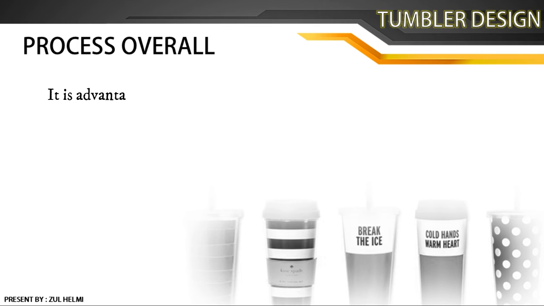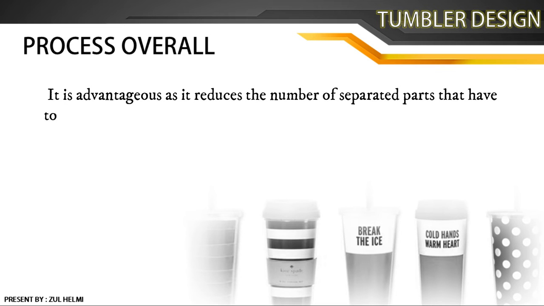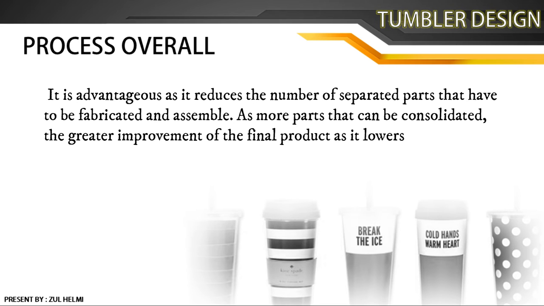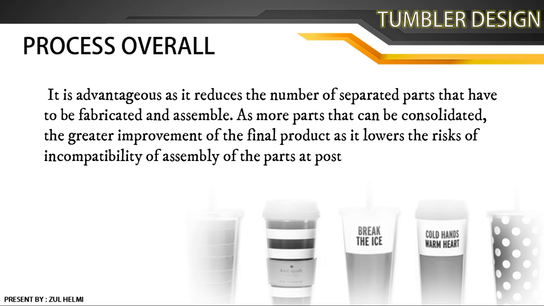It is advantageous as it reduces the number of separate parts that have to be fabricated and assembled. The more parts that can be consolidated, the greater the improvement of the final product, as it lowers the risk of incompatibility of assembly of the parts at the post-processing stage.